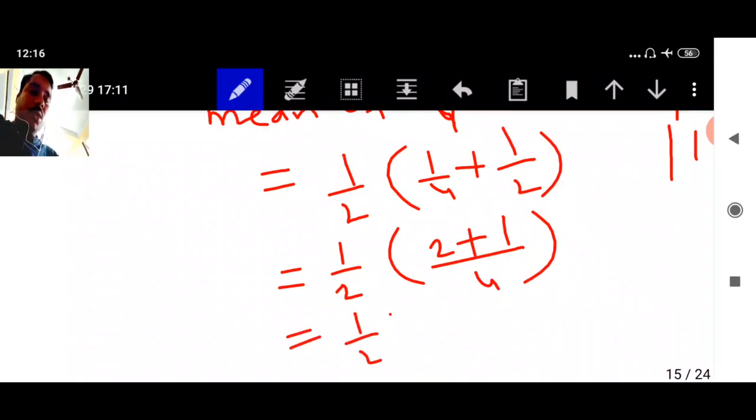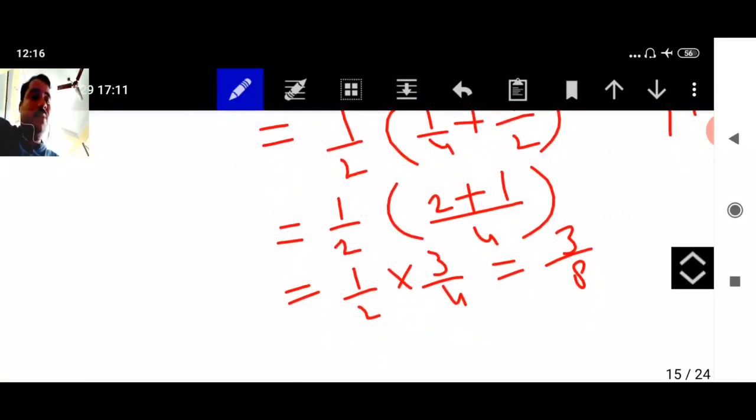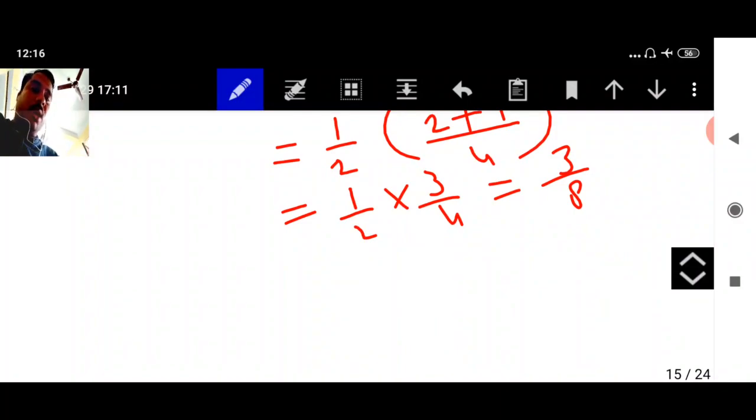Then 1 by 2 into 3 by 4, we get 3 by 8. This means the number 3 by 8 lies between 1 by 4 and 1 by 2.